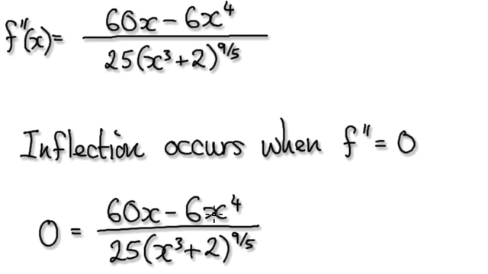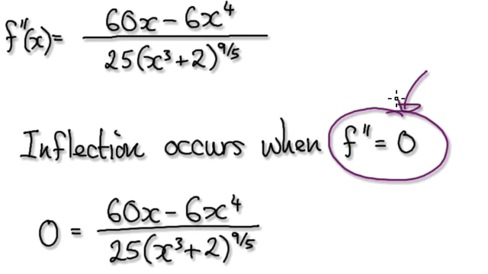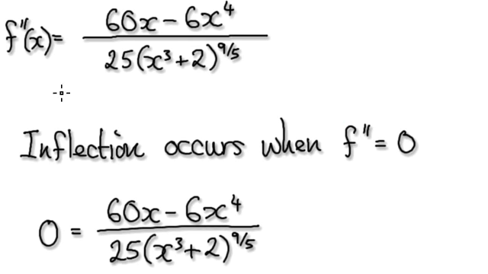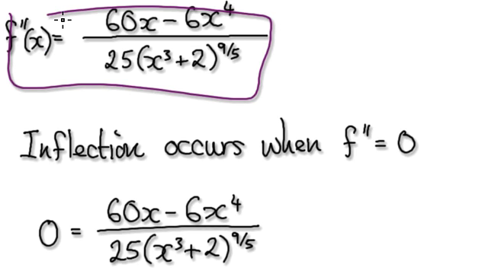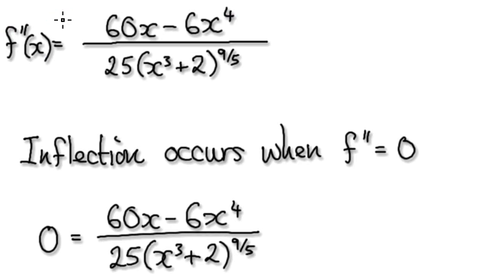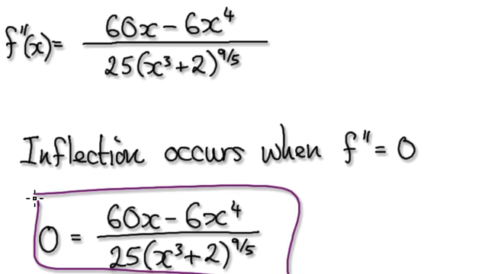to detect our points of inflection, we need to find where inflection occurs, which is when f double prime equals 0. So it occurs when you set this to be 0. So set this thing here to be 0. So looking at this, when you set it to be 0, it will then give you this.